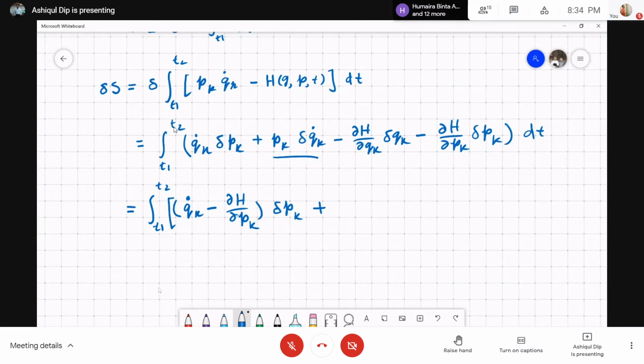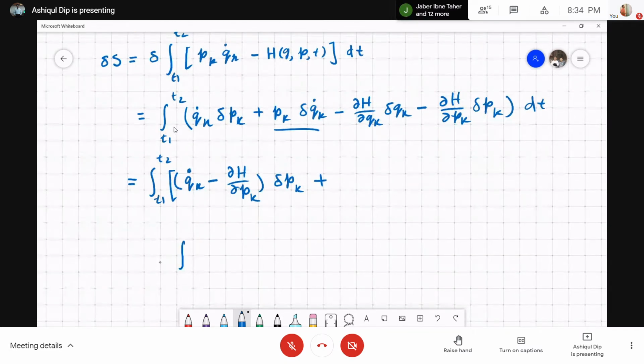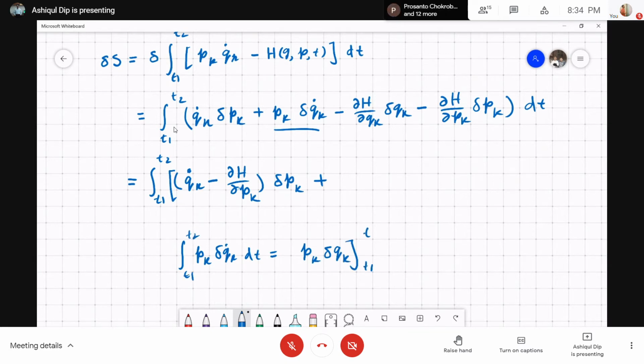what happens here is, integration pk variation qk dot dt. So take integration over the qk, it gives you pk variation qk evaluated at t1 up to t2 minus integration t1 up to t2 pk dot variation qk dt.